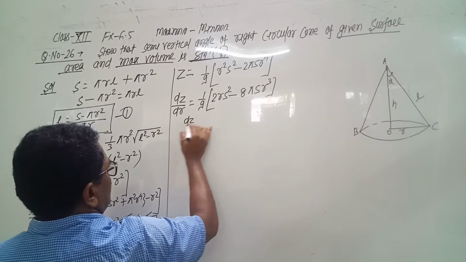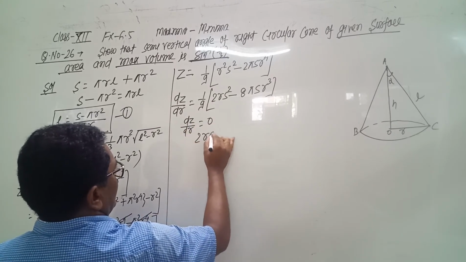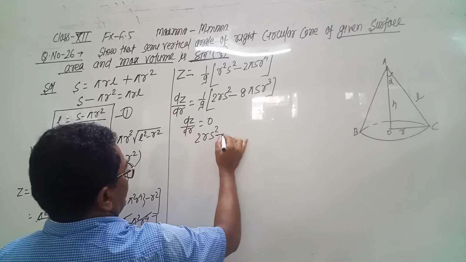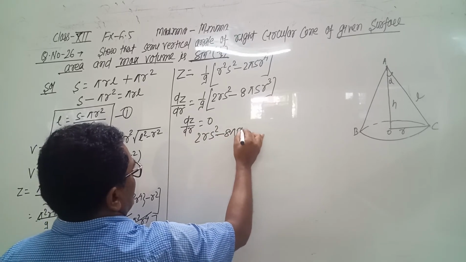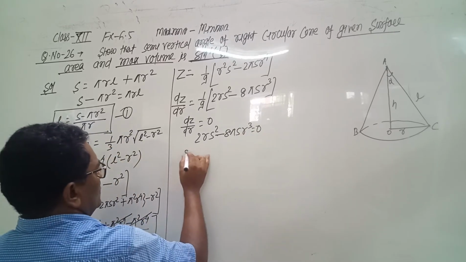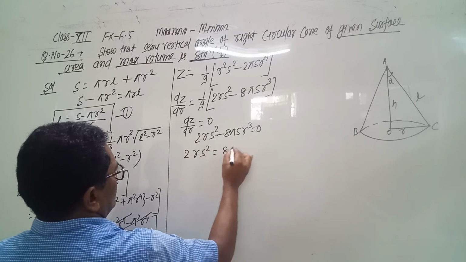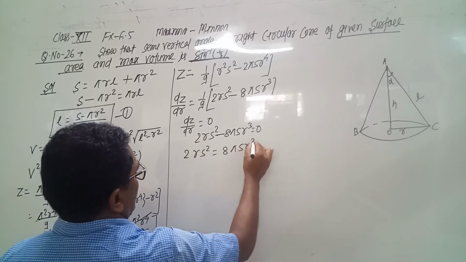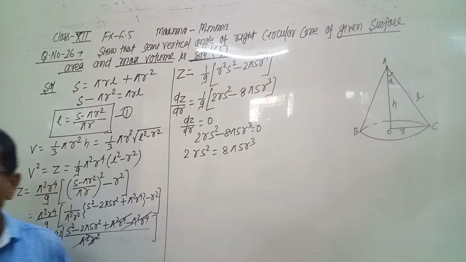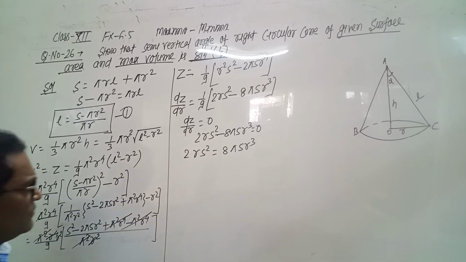Now make dz by dr equal to 0. So 2r S square minus 8 pi S r cube equals 0, that is 2r S square equals 8 pi S r cube, and we find the value of S.